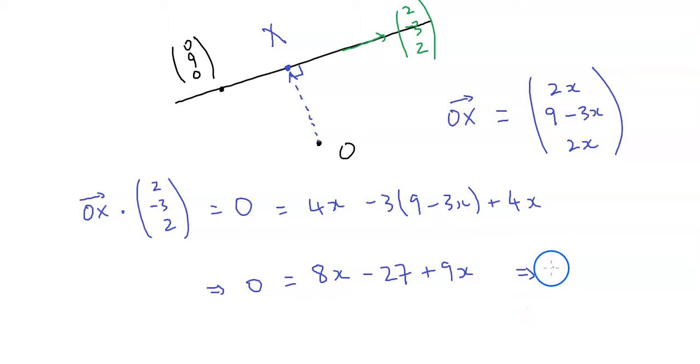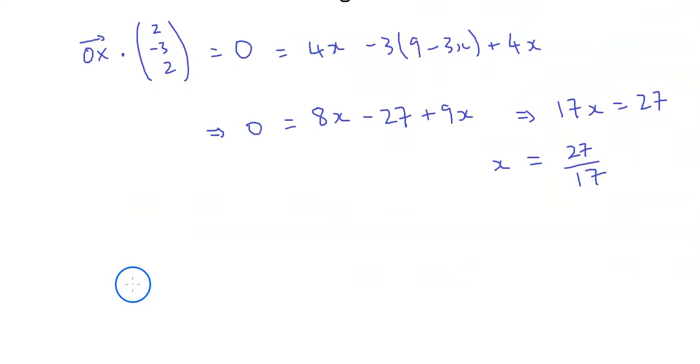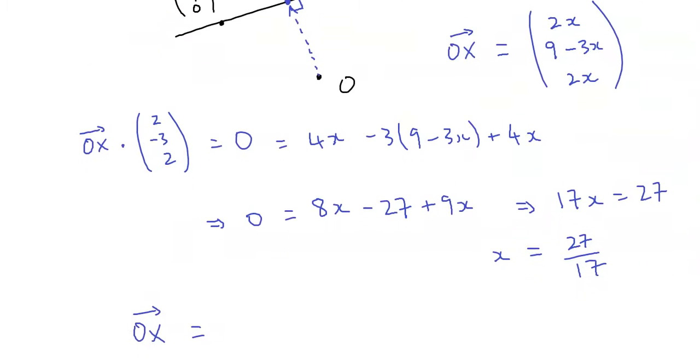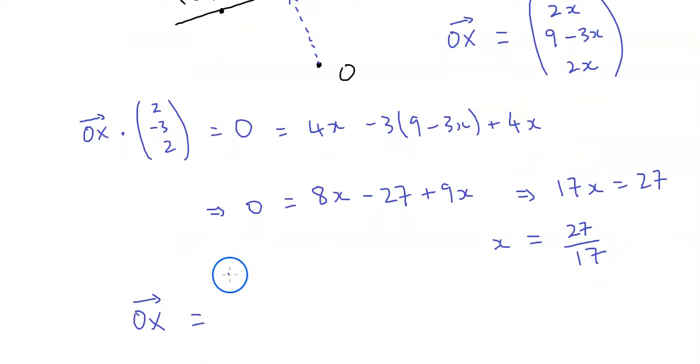So we get 17x equals 27. And so x is equal to 27 divided by 17. And so we can write our vector OX is equal to 2 times 27 over 17, so that'll be 54 over 17.